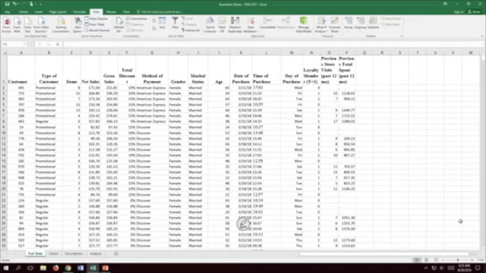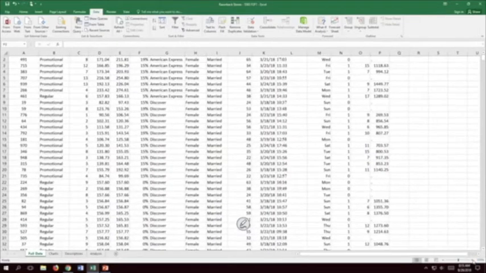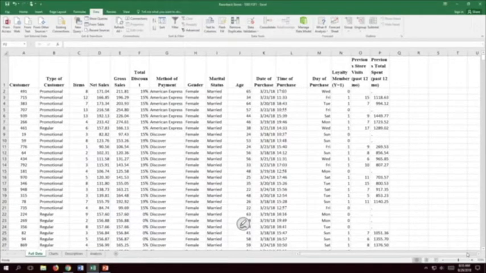We have the number of items they bought. We have the net sales, so how much did they spend? We have the gross sales, but everybody got a discount in some way, shape, or form. Discount amount is there.